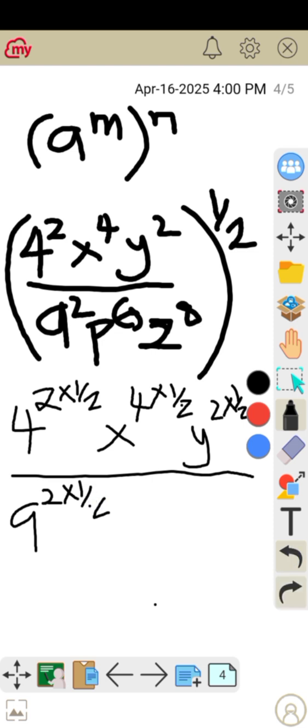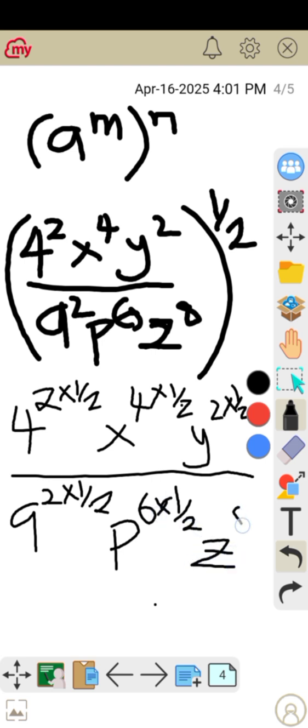Just the same way we did the first one, but in this case a little bit complex. Now I have p raised to the power of 6 times 1 over 2, and then z raised to the power of 8 times 1 over 2.